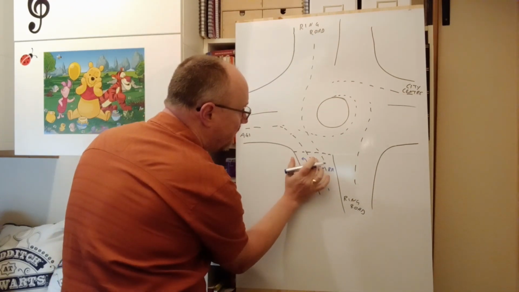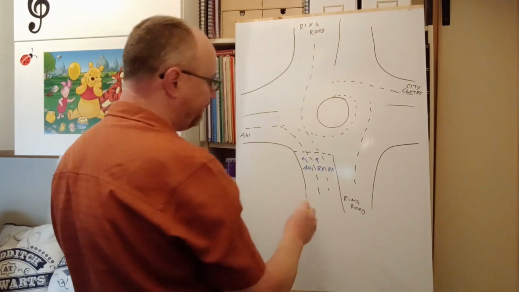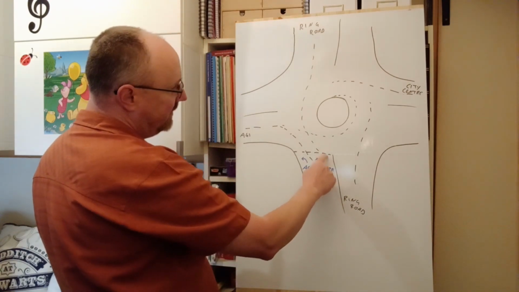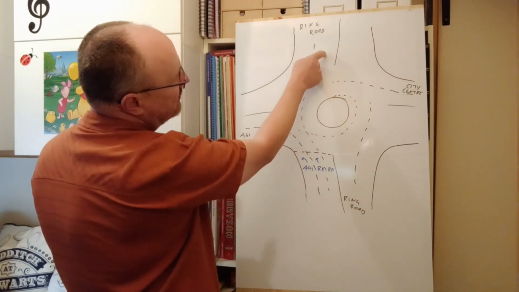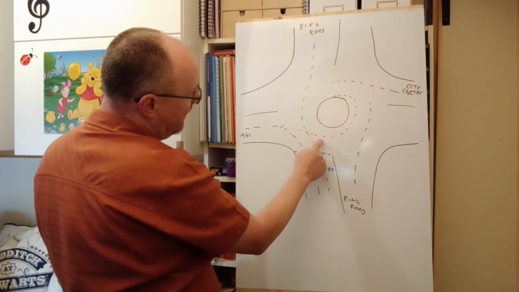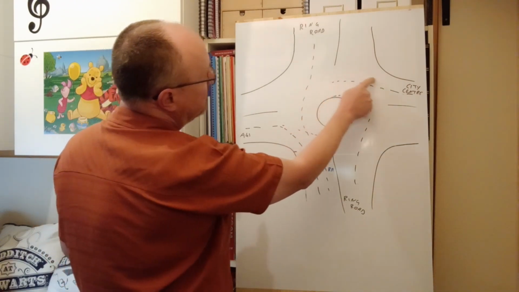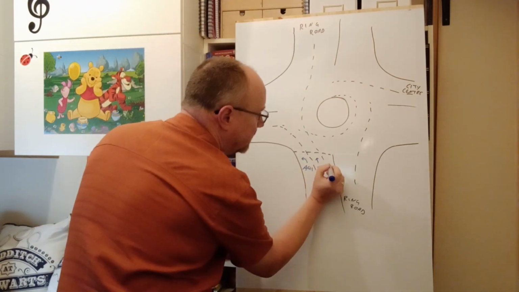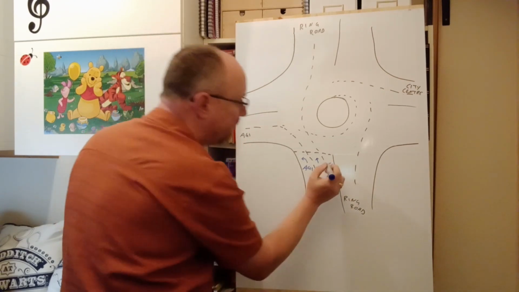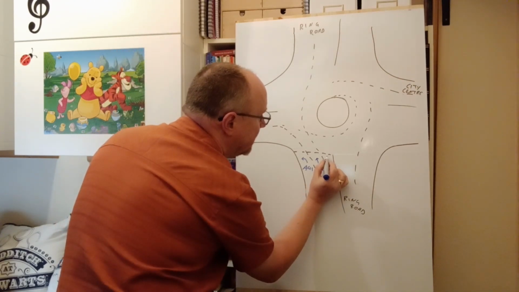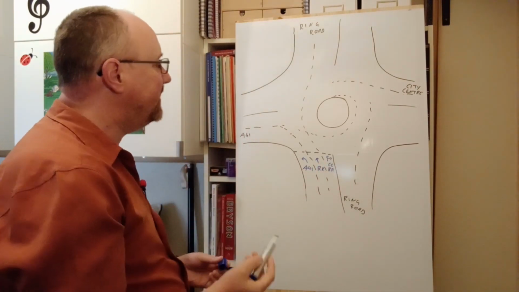So it will have just the straight arrow. This lane, without crossing any lines, well, it allows us to go to the ring road. It allows us also to go to the city centre. So it's going to have city centre and ring road marked in there, and it will have a straight and a right arrow in there.